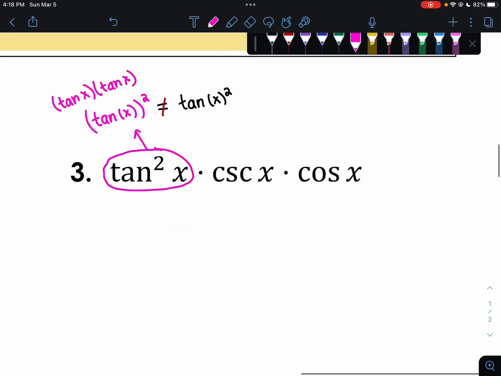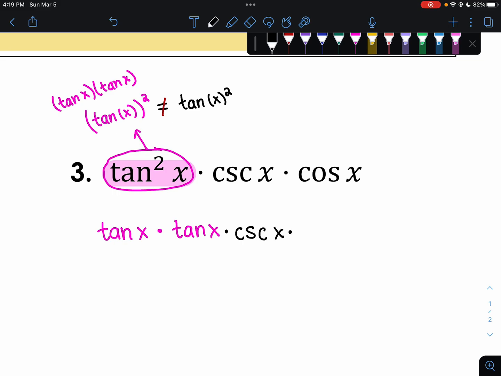So in this case, it may be easiest if we rewrite this right here, this tan squared x, as two different tangents. I think that might be helpful. So we have tan x times tan x, and then I'm going to recopy down everything. So we have cosecant x times cosine x. Now I'm going to focus on rewriting everything in terms of sine and cosine.